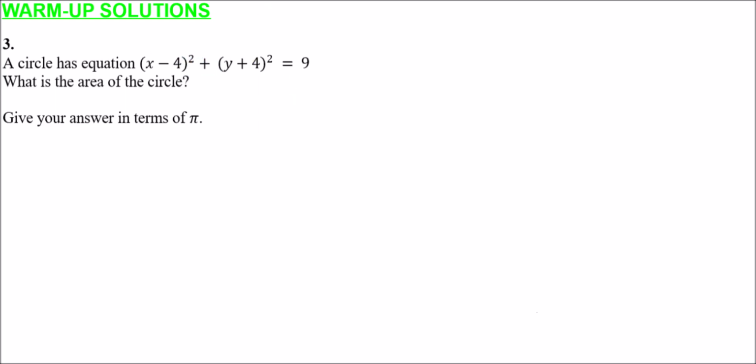And so essentially what this means is it's a circle. The x-coordinate of the centre is this value here multiplied by minus 1. So x minus 4 means the x-coordinate at the centre is positive 4.